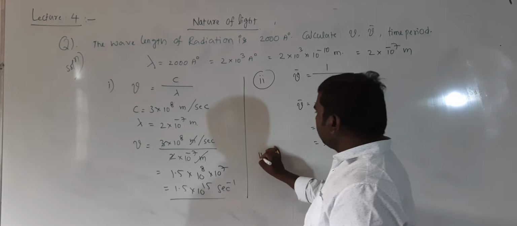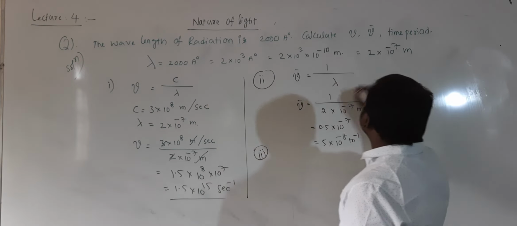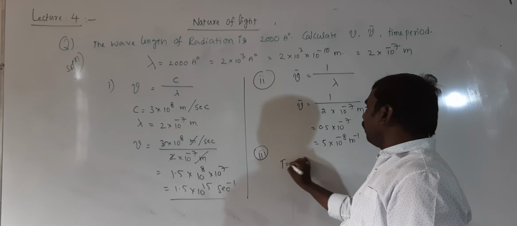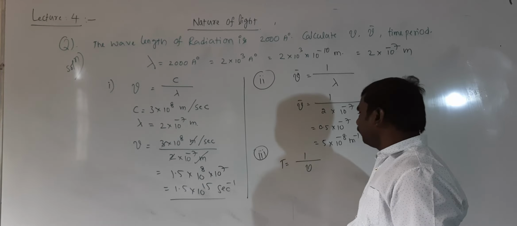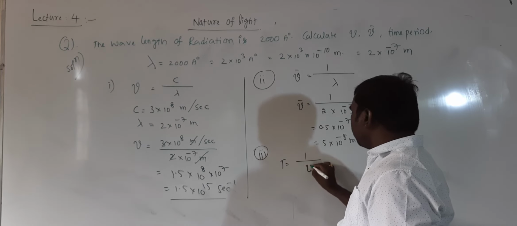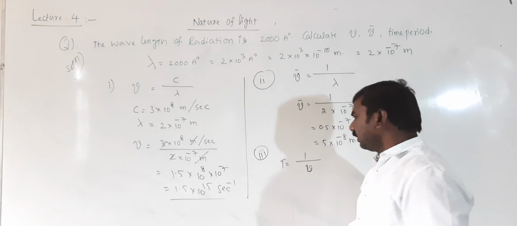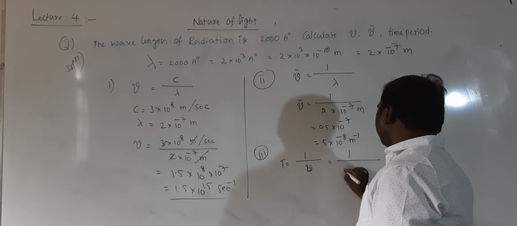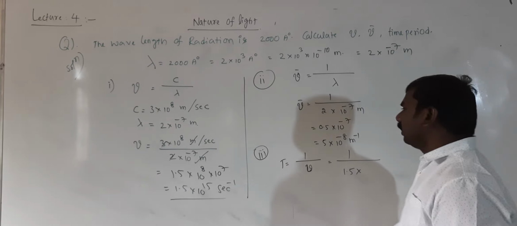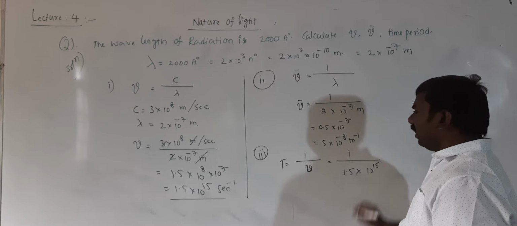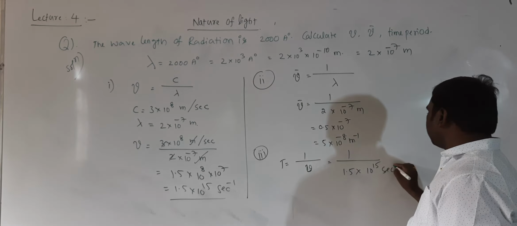Next, third question is the time period. T equal to 1 by frequency. Already we have calculated the frequency, so T equals 1 by 1.5 into 10 to the power of 15 second inverse.